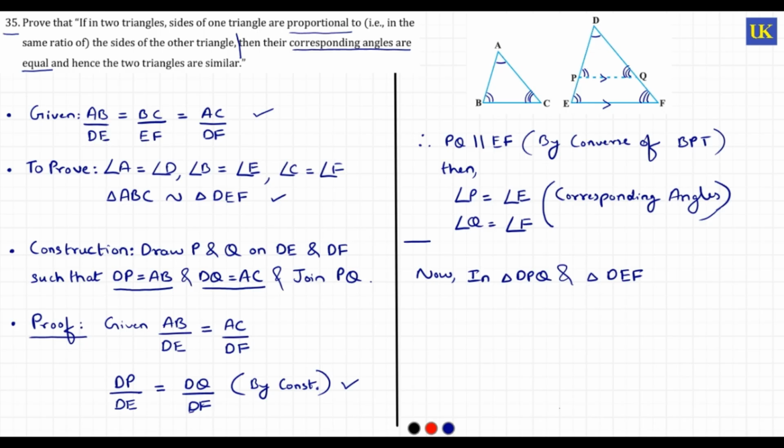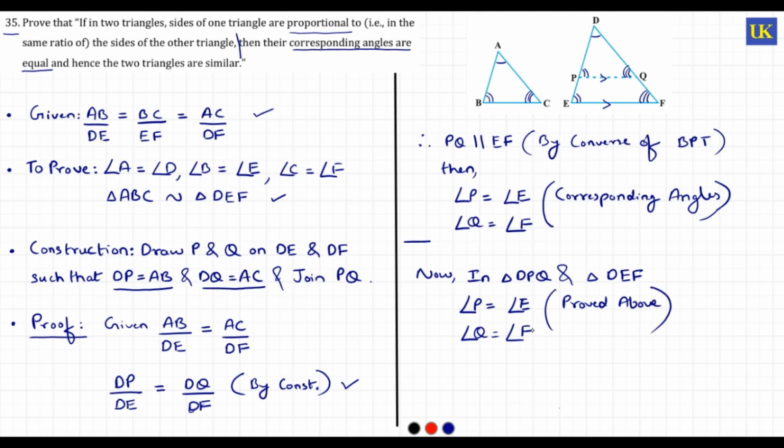I am taking these two triangles and I'm going to prove that they are similar. So how can I do that? I can say that angle P is equal to angle E, and angle Q is equal to angle F. Why I am saying this is because I have proved it above.